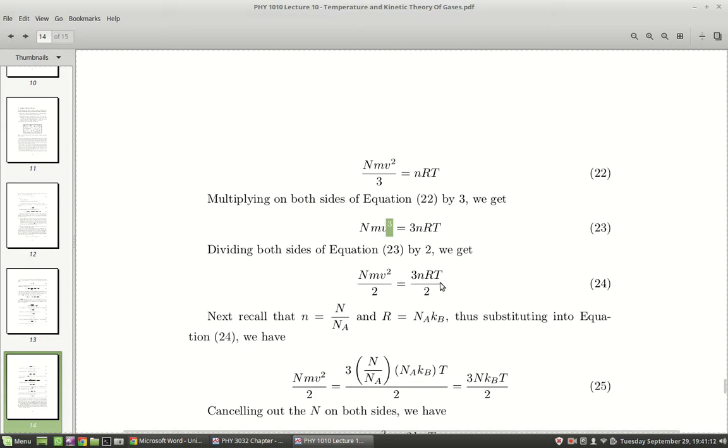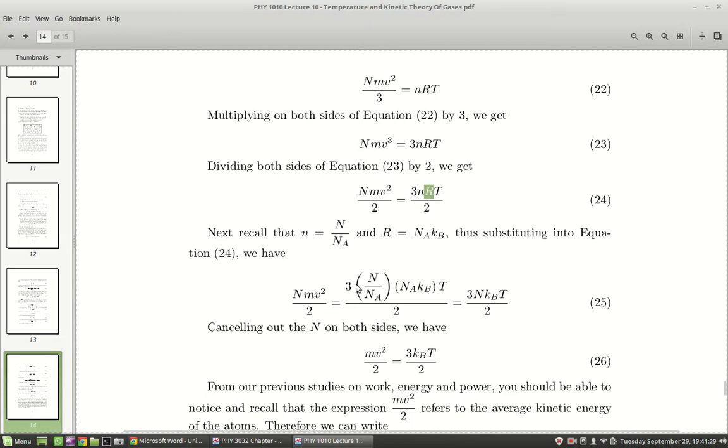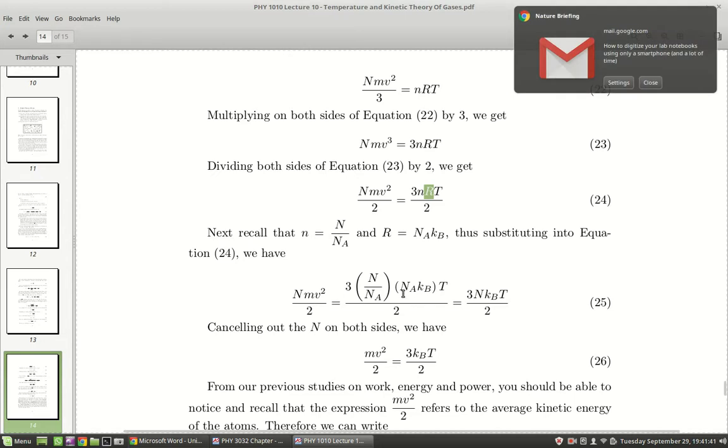Now, you remember that the number of moles is equal to the number of atoms divided by Avogadro's constant, and the gas constant is equal to Avogadro's constant times kB. So you make the substitutions. On the right-hand side, you end up having 3 N over A, then A kB, then T, over 2.